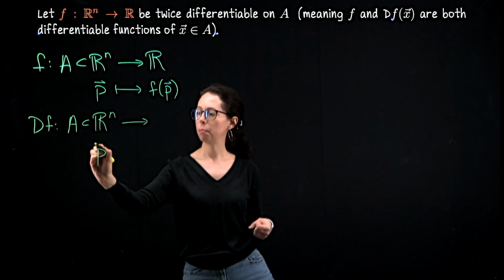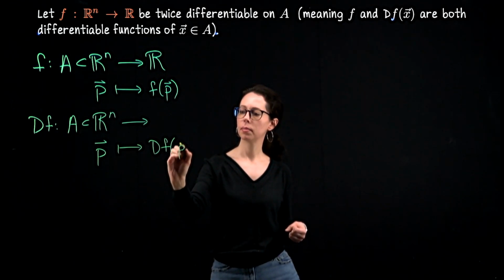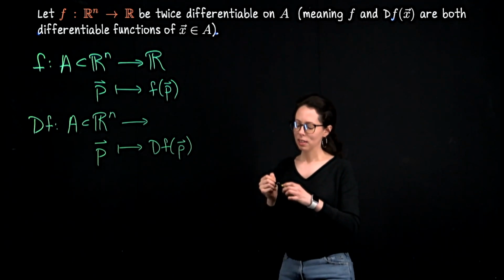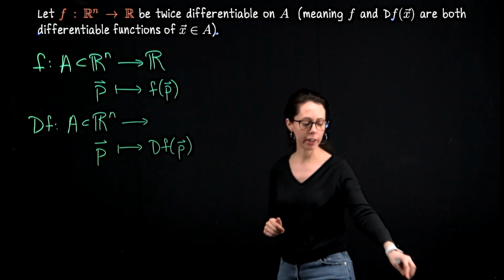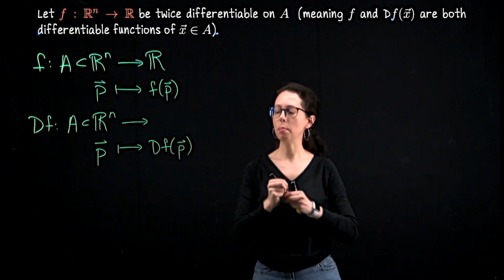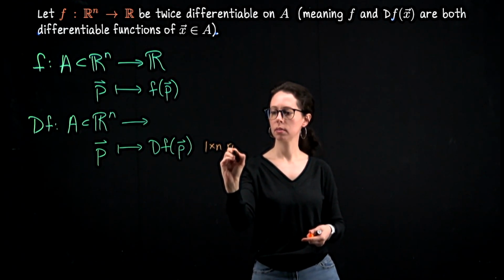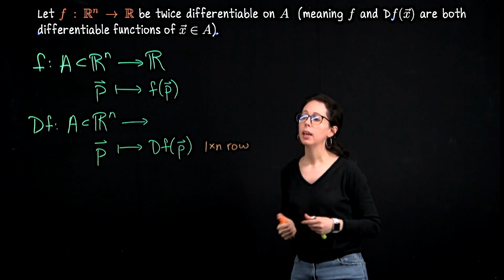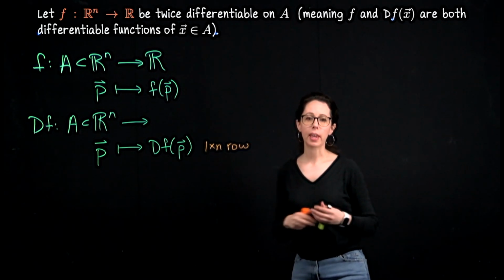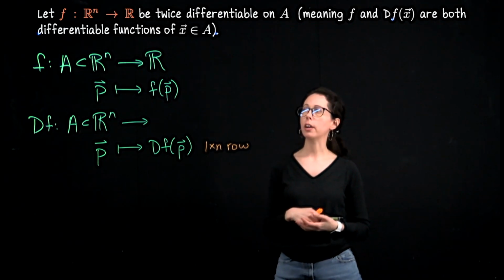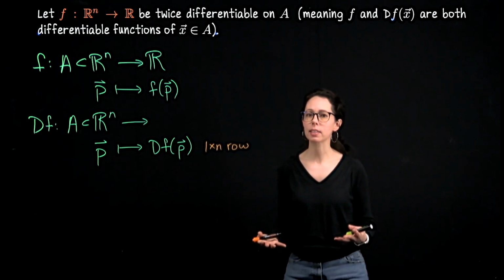It will take P and send it to df at P. For this particular context of looking at a scalar valued function of n variables, this object is a 1 by n row matrix. In the general language, if f were vector valued, say f was a map from A subset Rn to Rm, this would be an m by n matrix.